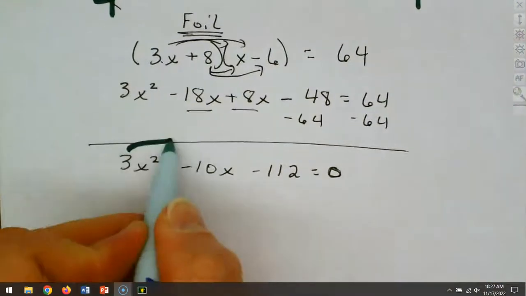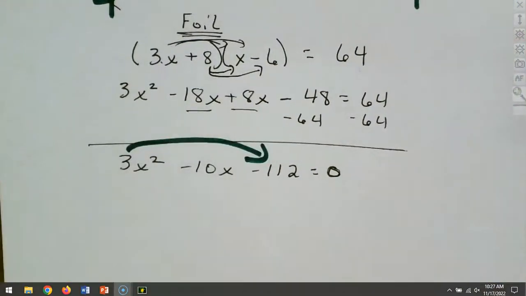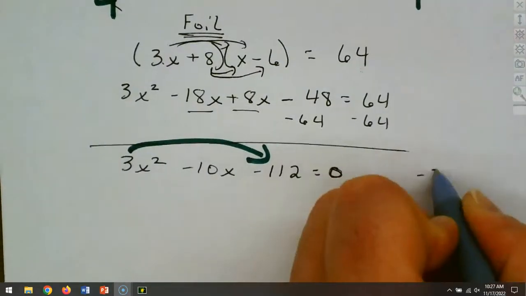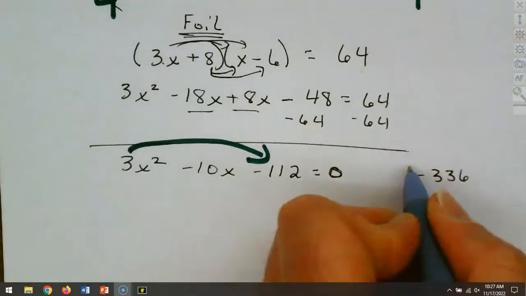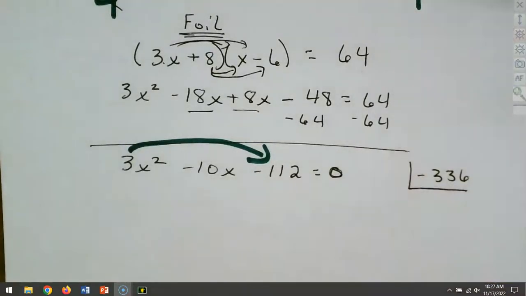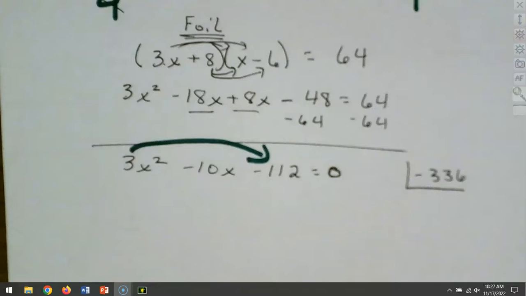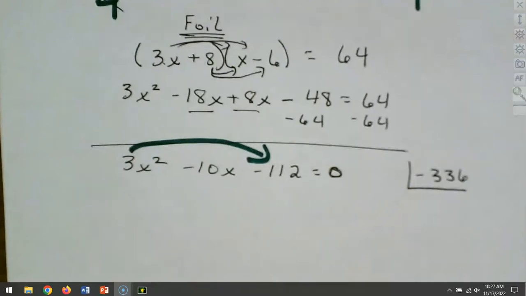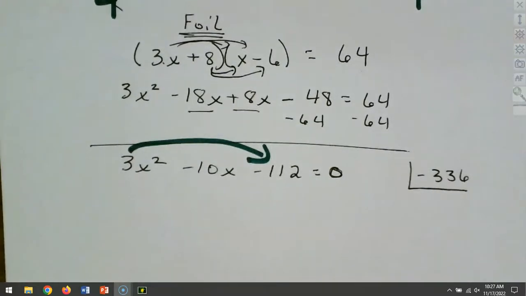How do we factor by grouping? First times the last. First times the last is 3 times 112, and that gives you a minus 336. Okay, so let's review factoring now, because I think some of us may have forgotten about the factoring. What do we know about the signs of the two numbers? Are they the same or are they different?